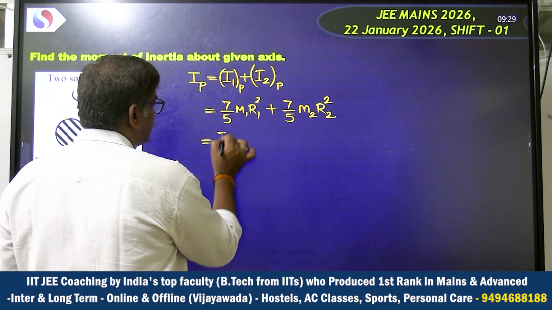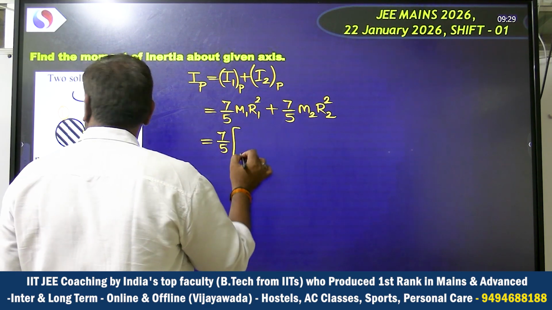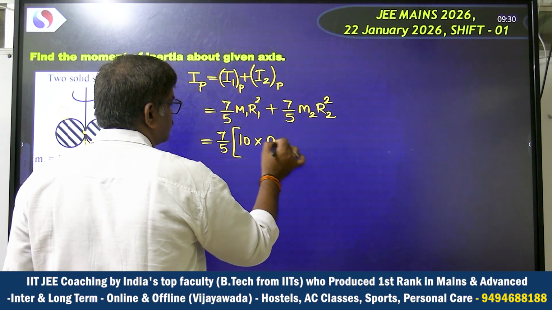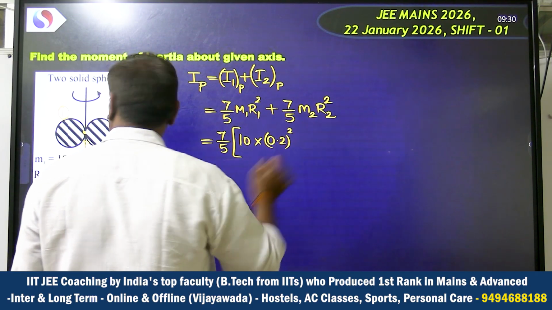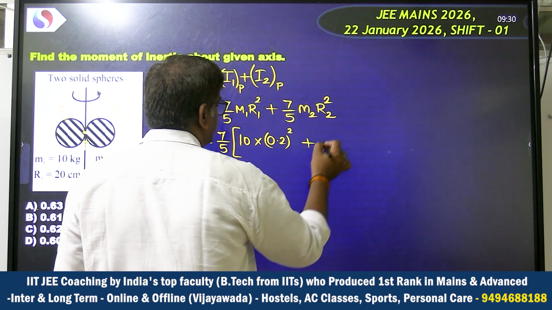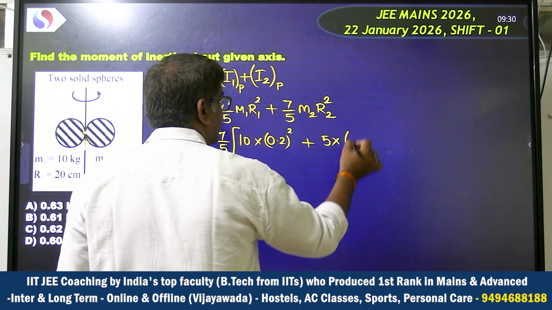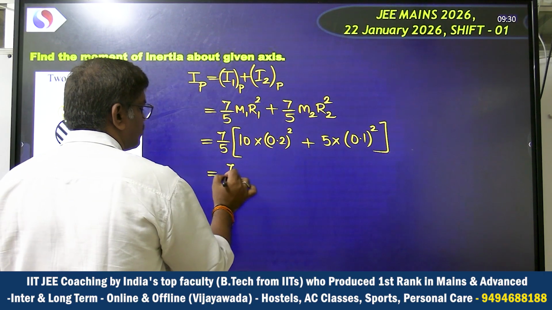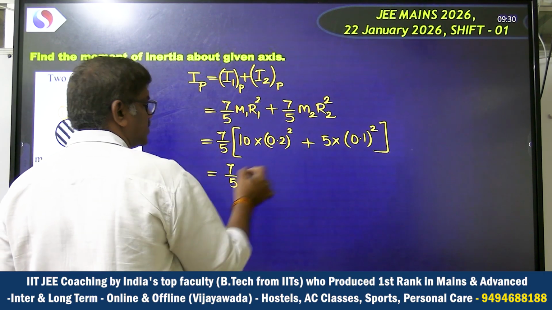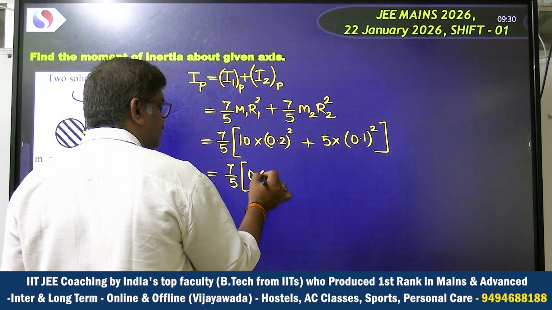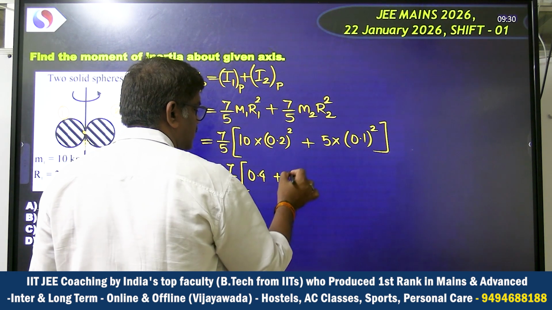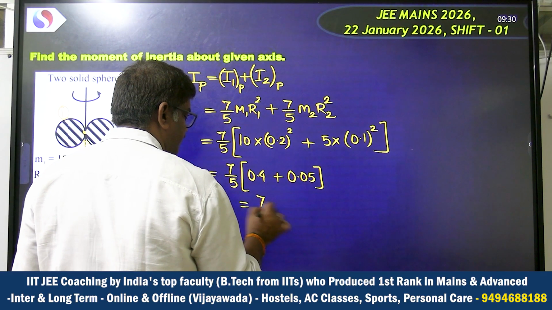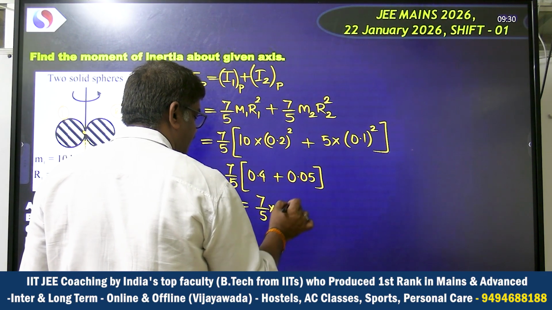So now I just put in the values: 7 by 5, m1 is 10, r1 is 0.2, so 0.2 square; m2 is 5, r2 is 0.1 square. So this is 0.04, which gives 0.4; this is 0.01, which gives 0.05. That is 7 by 5 into 0.45.